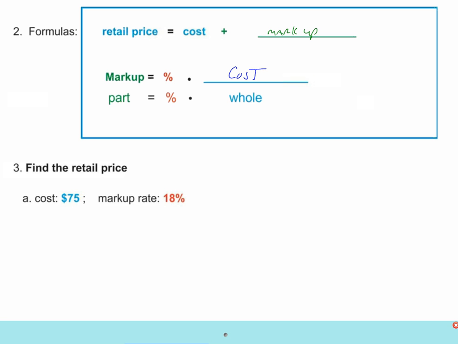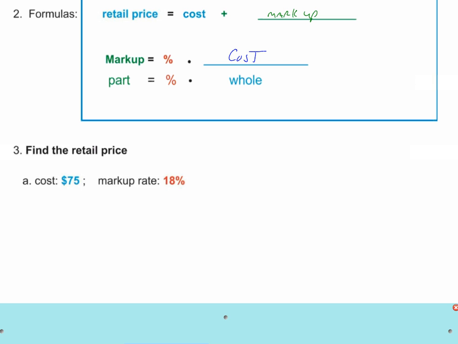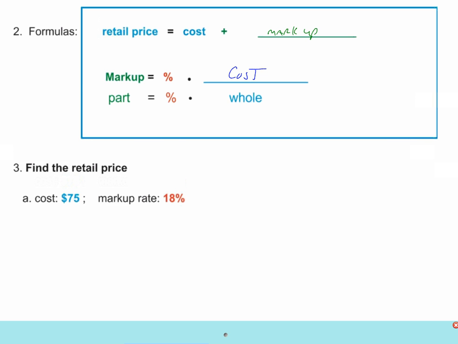All right, so let's do number 3, find the retail price. So what are we after? We're after the retail price. The way I would do any problem like this is I would start with the formula, the retail price equals the cost plus the markup. That's my formula.